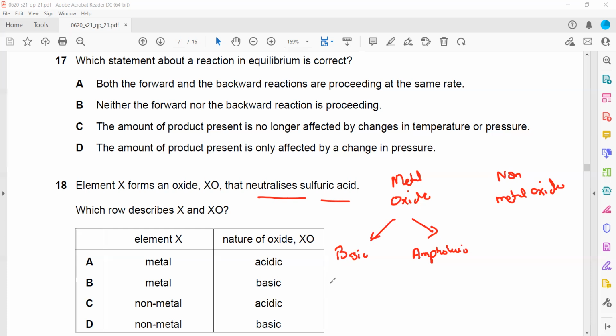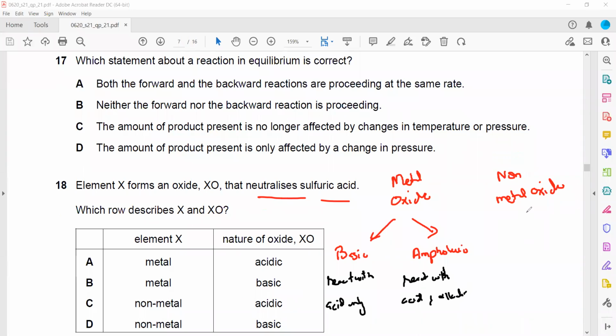Basic oxide can only react with acid. And amphoteric oxide can react with both acid and alkali. It can react with acid, it can react with alkali.